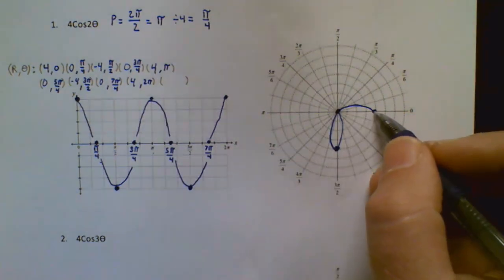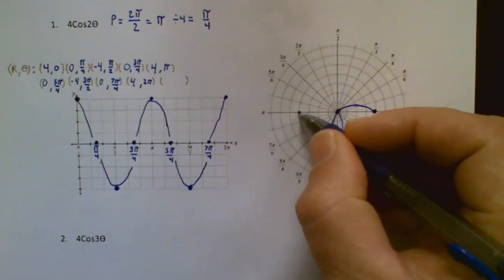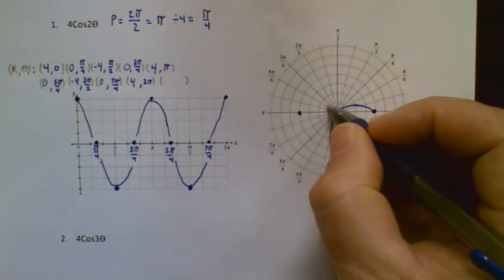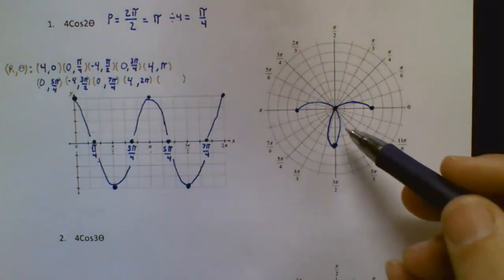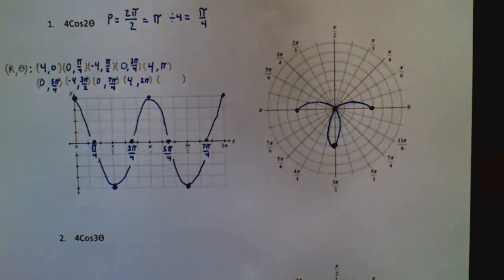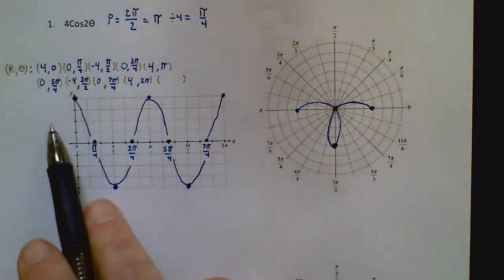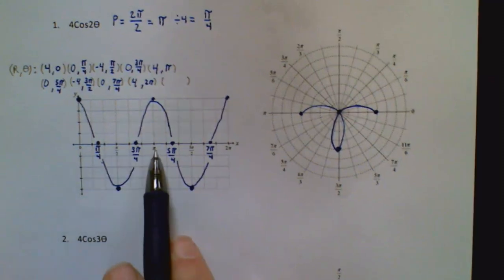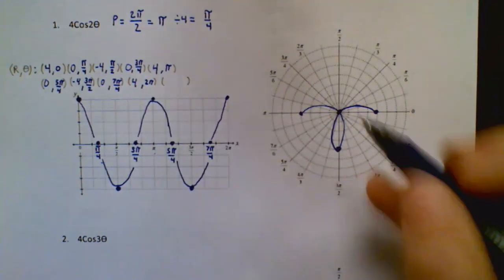So we went 4, and then pi, 1, 2, 3, 4, there's the next point on the graph. So you see the order in which this graph is appearing. Again, you'll get questions just like this, and it's going to ask you, okay, what interval does that represent? And so we want to know, well, that represents from 0 to pi is where I'm getting that interval of the graph. Keep going. From the max, we always go back to 0.